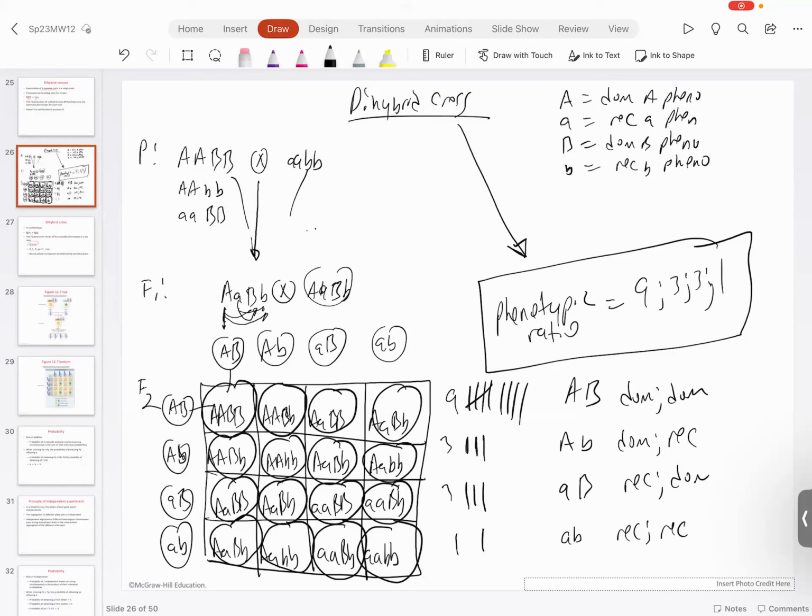However, this 9331 only happens if both genes are randomly segregated. It's to say that what's happening at A has no bearing on what's happening at B.